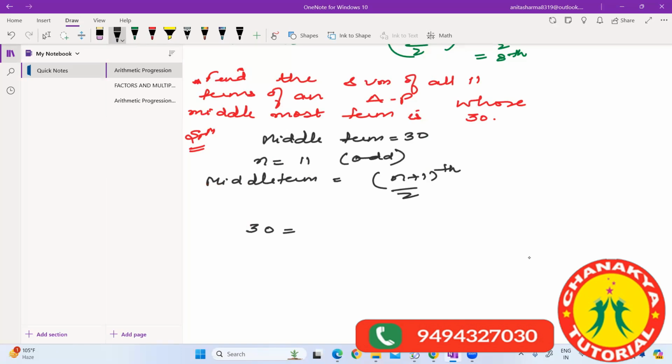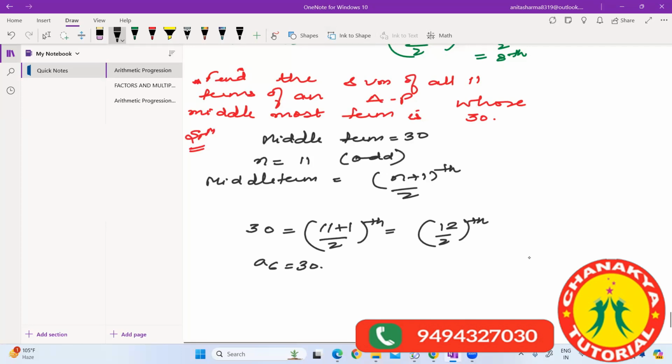So (11 plus 1) by 2 th, so it will be 12 by 2. It means the sixth term is 30. Got it?